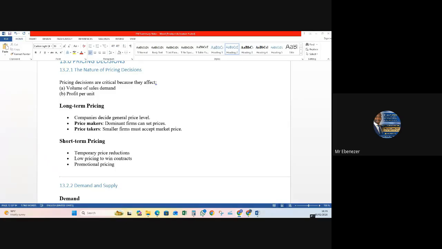Now, we also have short-term pricing. Short-term pricing has to do with temporary pricing reduction. For instance, the price of crude oil is short-term, and that's why Dangote can wake up one day and tell us that the price of crude oil has increased or reduced. The same thing, other filling stations can do their own.